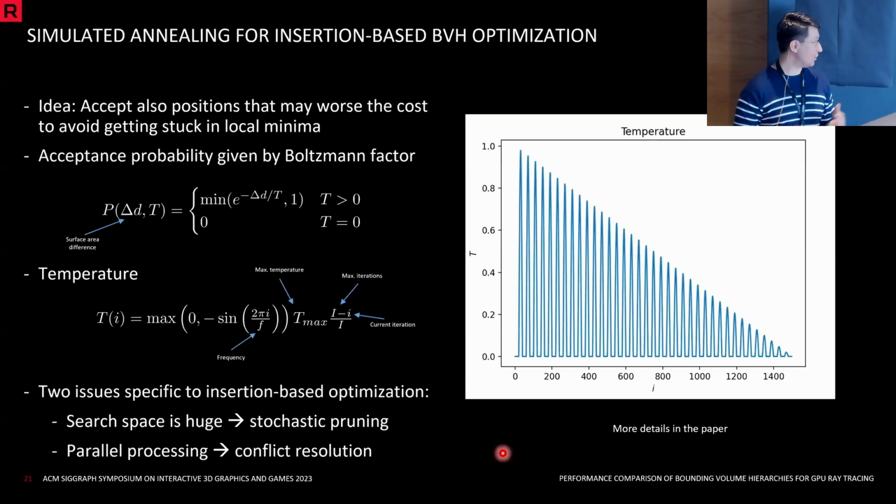There are some issues very specific to this insertion-based optimization. This was originally proposed for tree rotations in the context of BVH construction or optimization. But tree rotations are quite simple. There are 2, 4, or 6 possible rotations for each node. In this case, we can place the node into any other position, so the search space is huge.